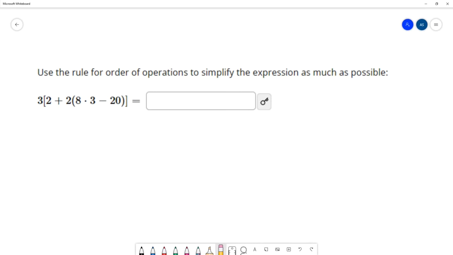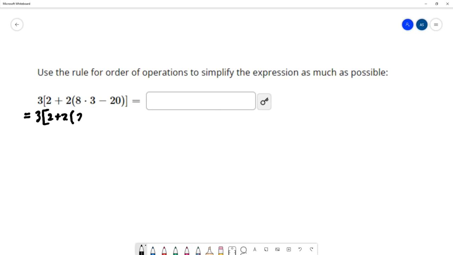To follow order of operations, we want to go to the innermost parentheses, or innermost grouping symbols, which is 8 times 3 minus 20. And order of operations tells us to complete multiplication before subtraction. I'm going to perform that multiplication and copy everything else down exactly as it is.